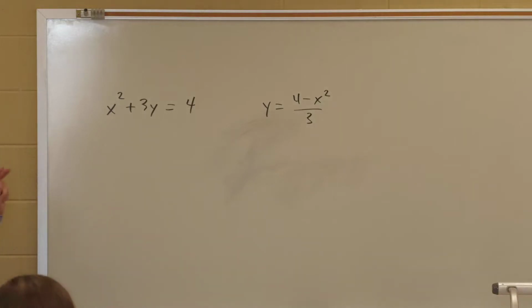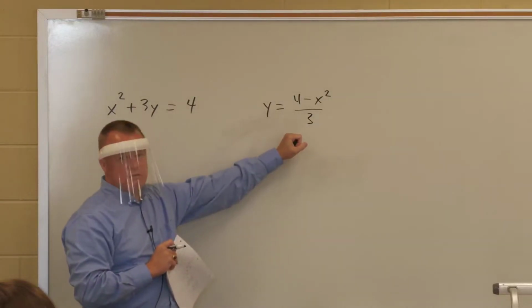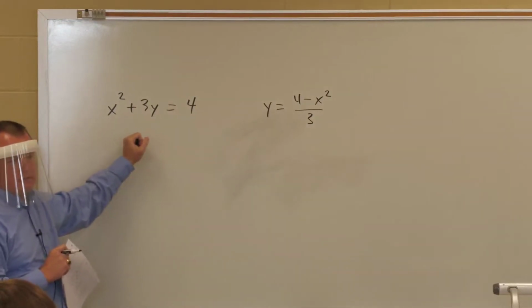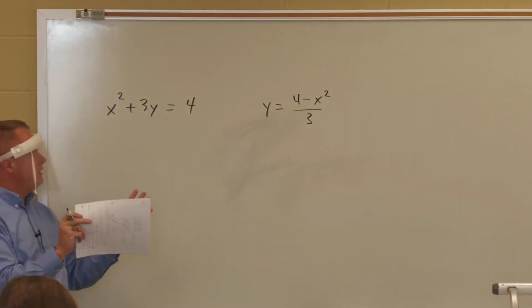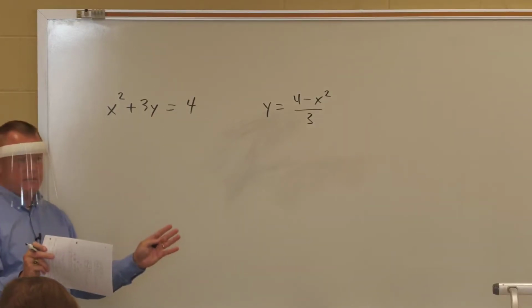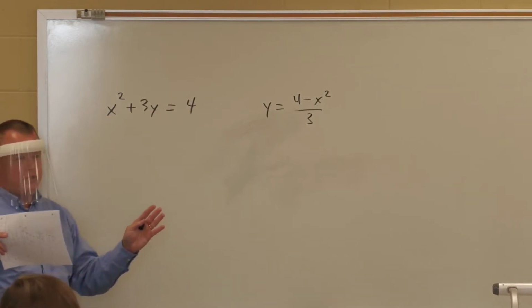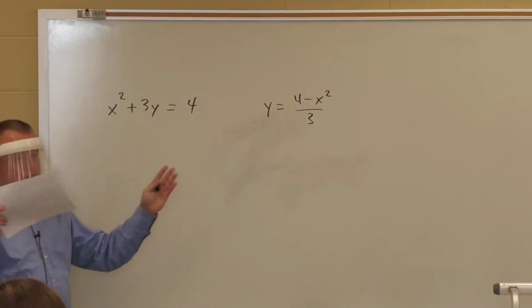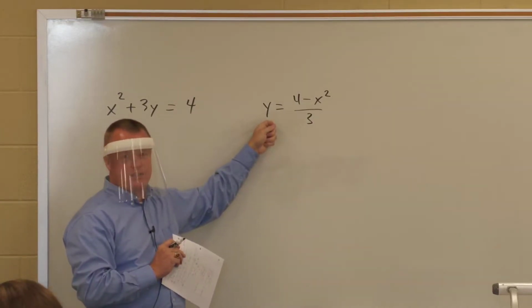Now they're the same equation, okay, except this one is explicit, this one is implicit. Explicit just means that y is explicit, all right. So y is all by itself, if it is explicit.